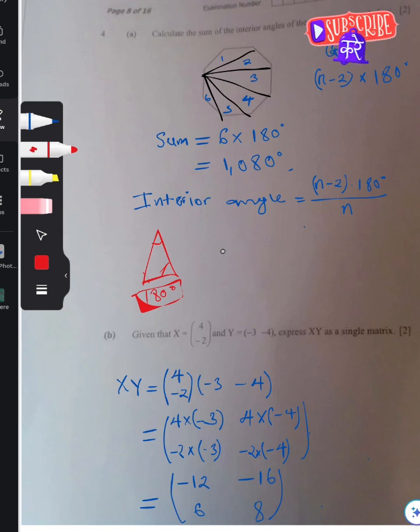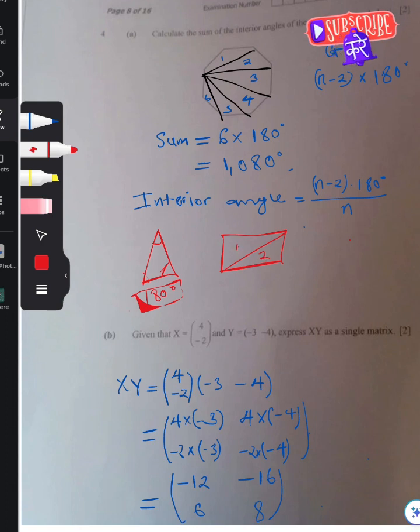Now what if I give you a rectangle or a square? First of all, you have to draw triangles in this square. So we can only have 2 triangles. So this is 1 and 2, right? So meaning that now we said the sum of interior angles in the first triangle is 180 and this other one is 180.